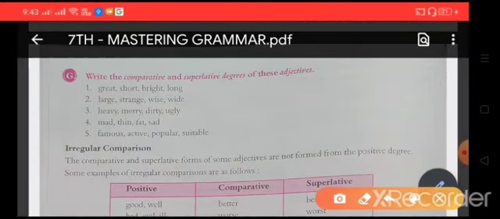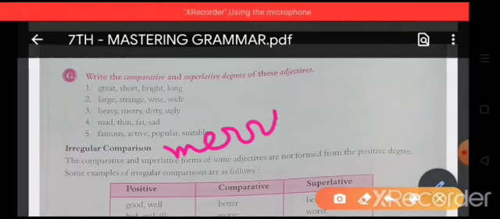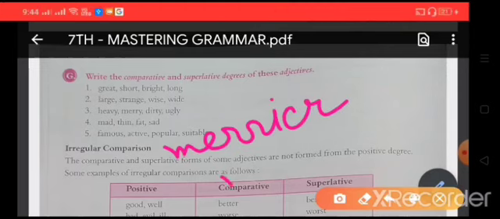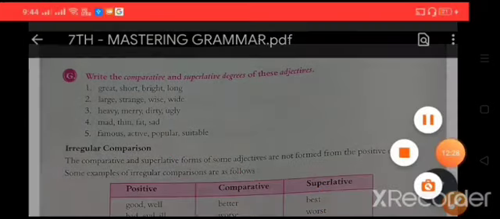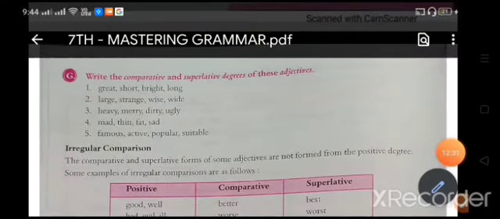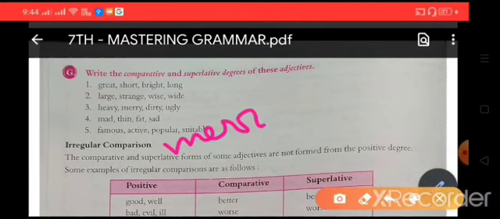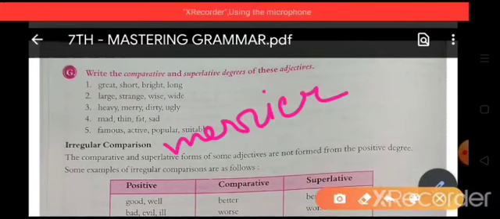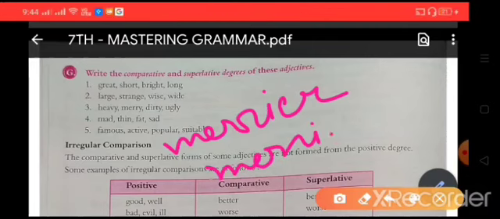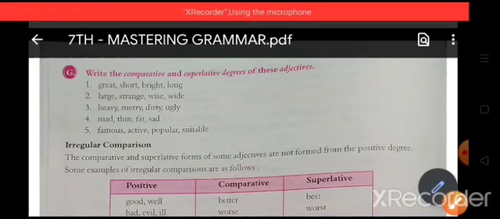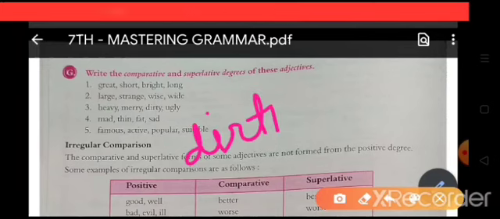Merry, merrier, merriest. Dirty, dirtier, and dirtiest.